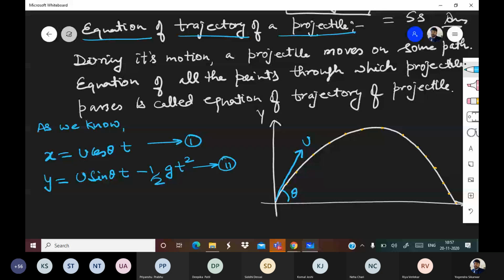So these are the x and y coordinates of the particle at any time t as a function of time.